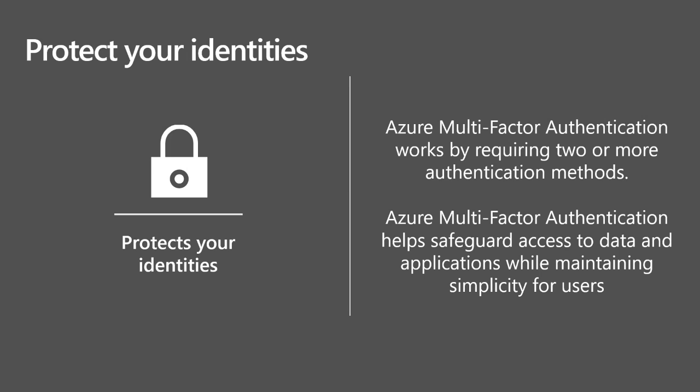The three methods used for Azure MFA are something you know, so typically a password, something you have, such as a trusted device that is not easily duplicated, so this will be your phone or potentially a hardware key, or something you are, biometrics like a fingerprint or a face scan.